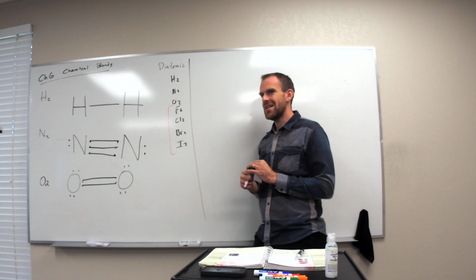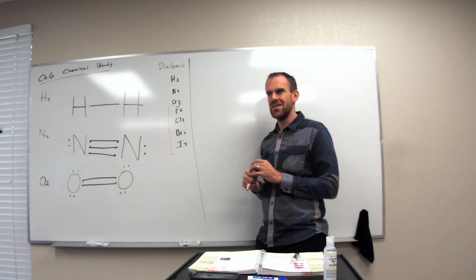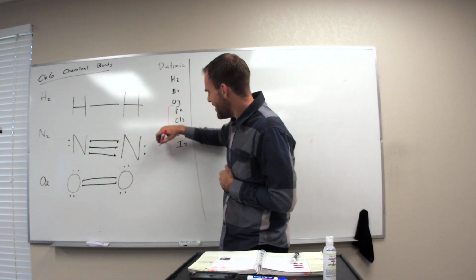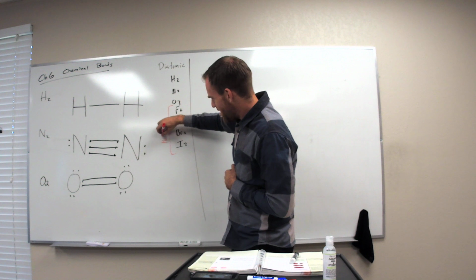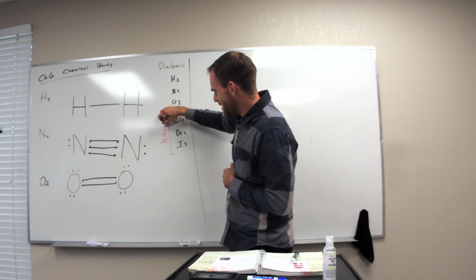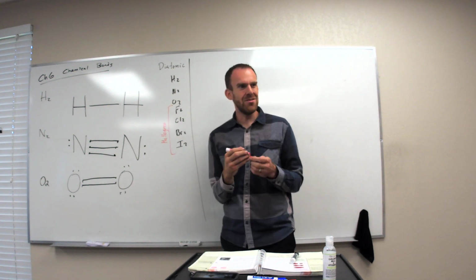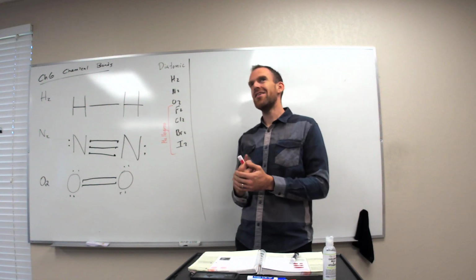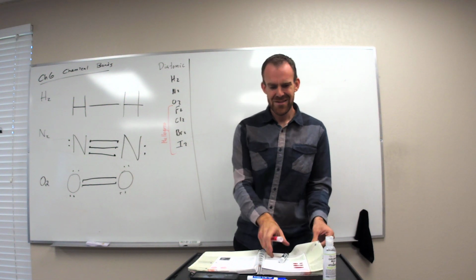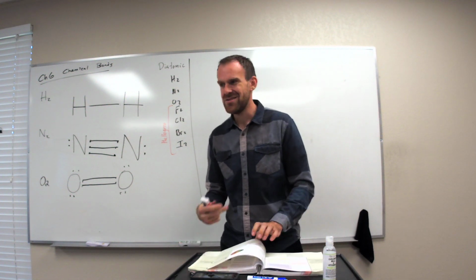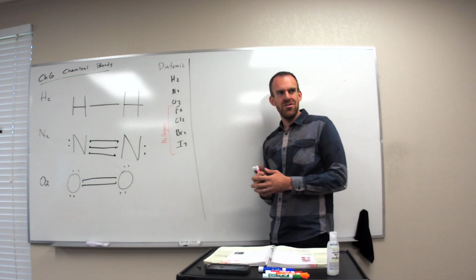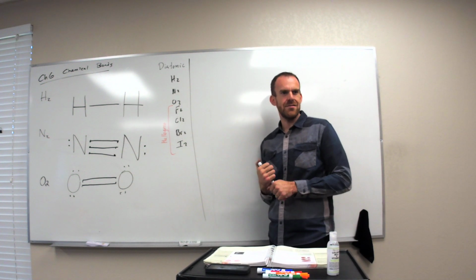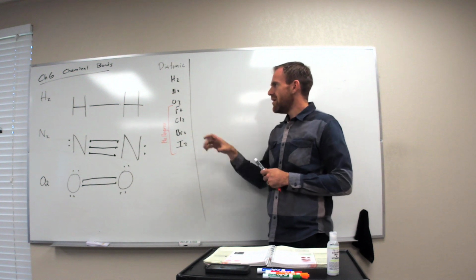What's the last column before the noble gas called? The halogens. That's right. That's somebody who took notes there and referenced them. Many of you took the notes and then just left them there. Reference your notes. It is important. True story. So these are halogens.